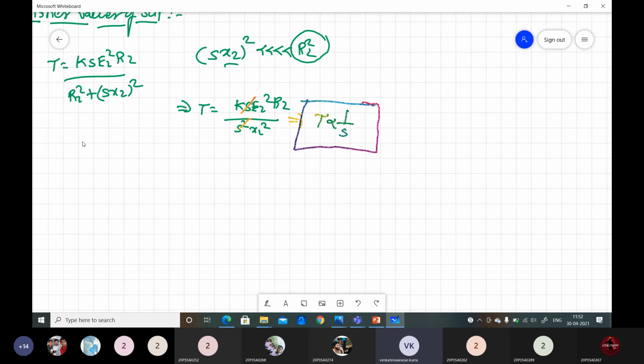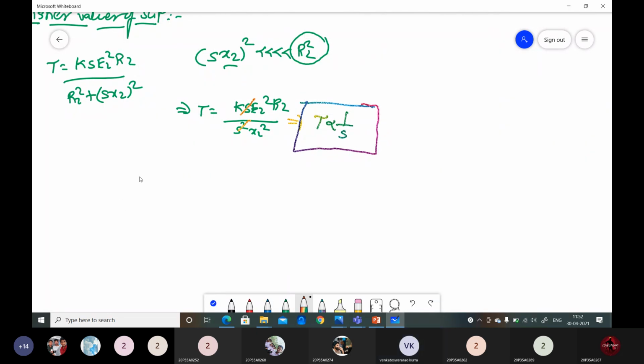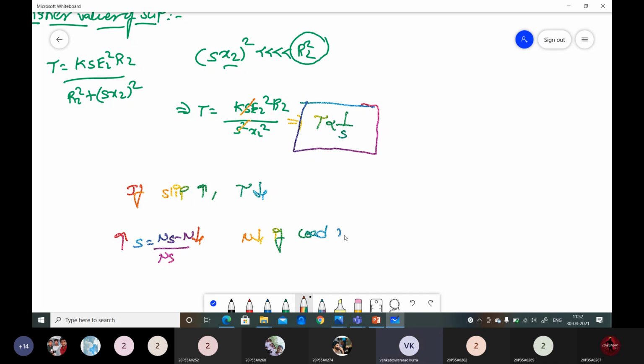So with increasing slip, torque decreases. The formula for slip is S equal to (ns minus n) by ns. When slip increases, the speed of the rotor decreases, n decreases, if load increases.